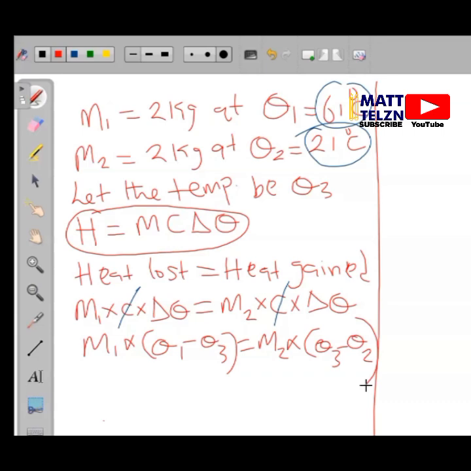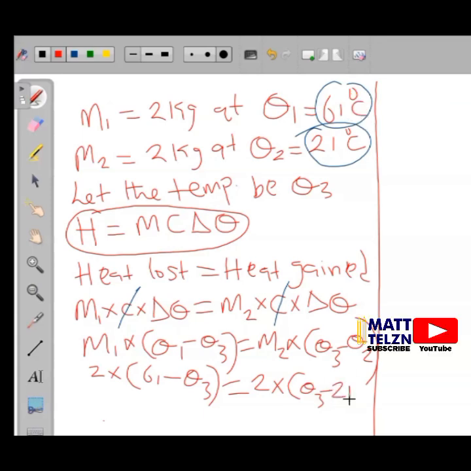So what I'm going to have here, I will substitute my values. My M1 is 2 times my theta 1, which is 61, minus theta 3, close my bracket, equal to my M2, 2 times theta 3 minus my theta 2, which is 21, close my bracket.